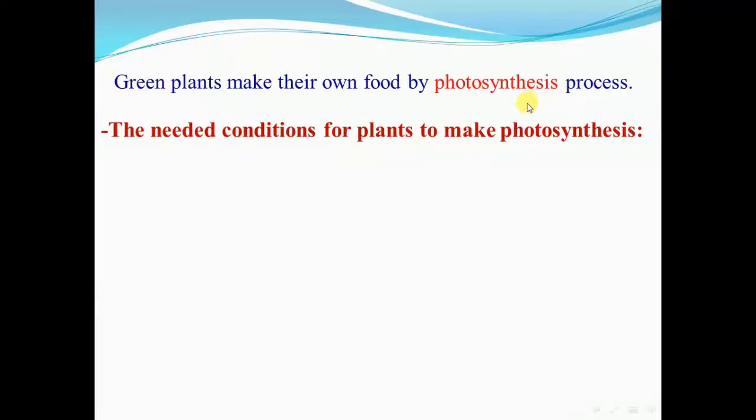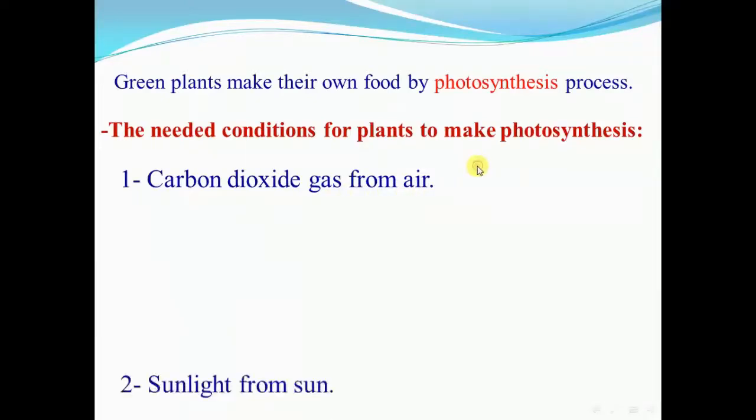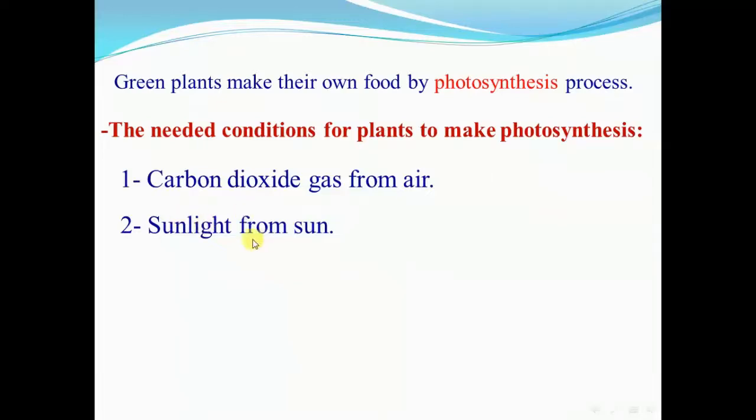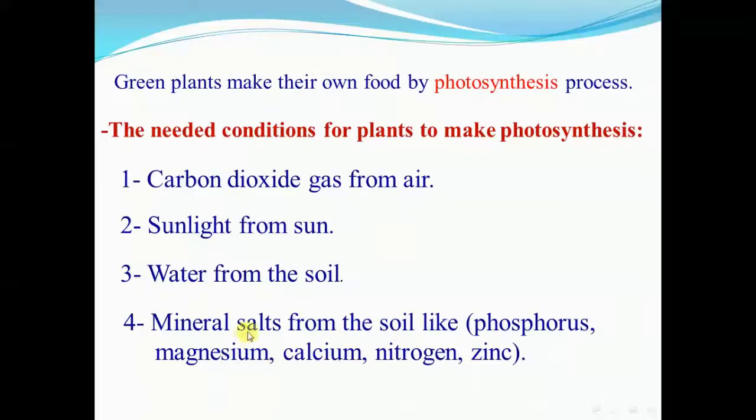The plant needs, number 1, carbon dioxide gas from air. Number 2, the sunlight from the sun. Number 3, water from the soil. Number 4, the mineral salts from the soil.